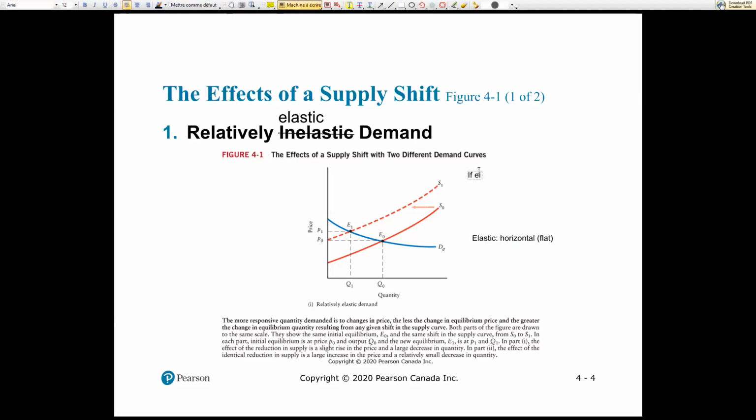If elastic demand, a shift in supply will generate a large shift in quantity demanded and a small shift in price. We see a large shift from Q0 to Q1, but a small shift from P0 to P1.